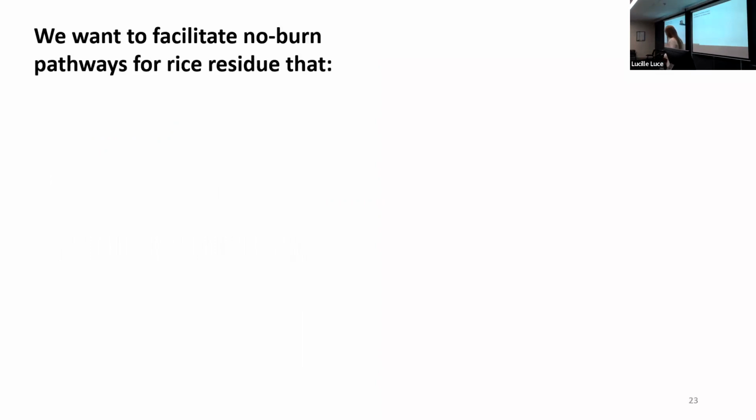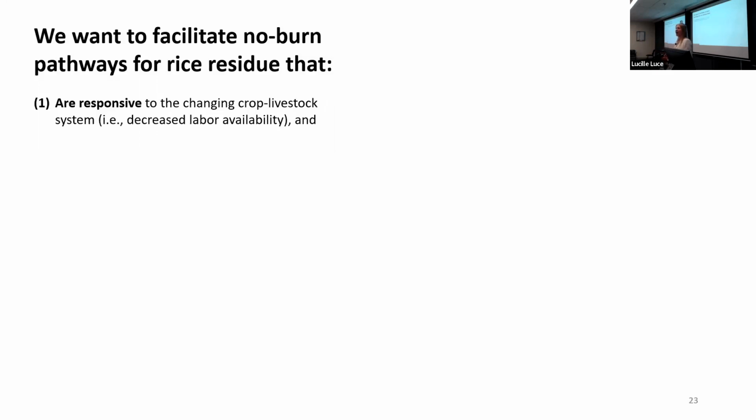So with all this, remember, we want to facilitate no-burn pathways that, one, are responsive to the changing crop-livestock system, which the second piece just clarified. And we want to create value around straw.